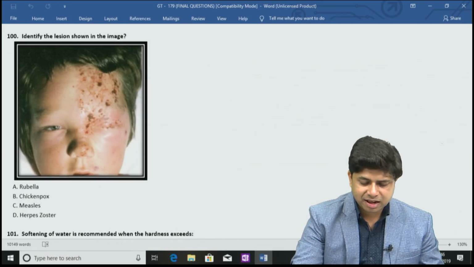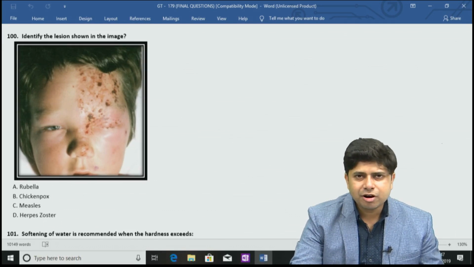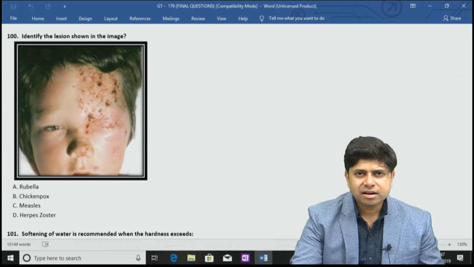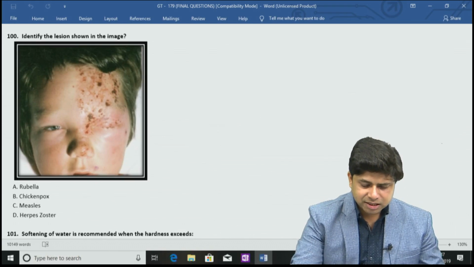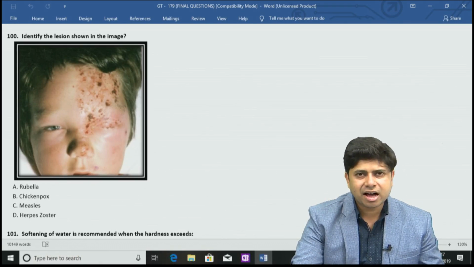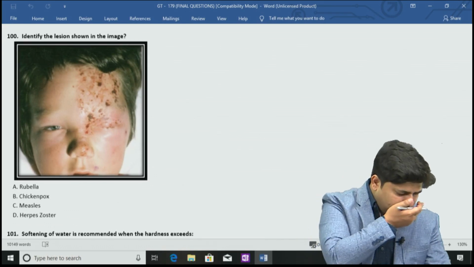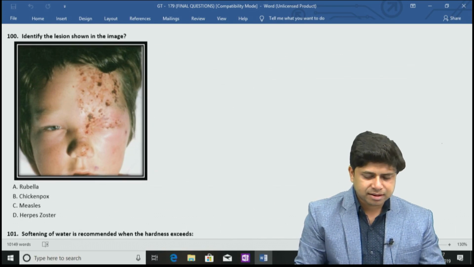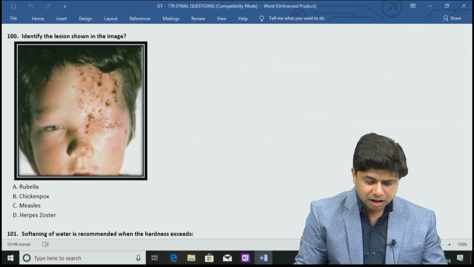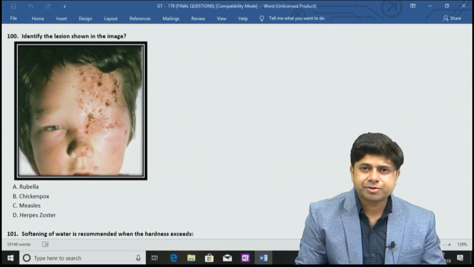The typical rashes are painful, medium to large in size, and affect the typical area around the eyes and upper face, and that is why the answer should be herpes zoster.